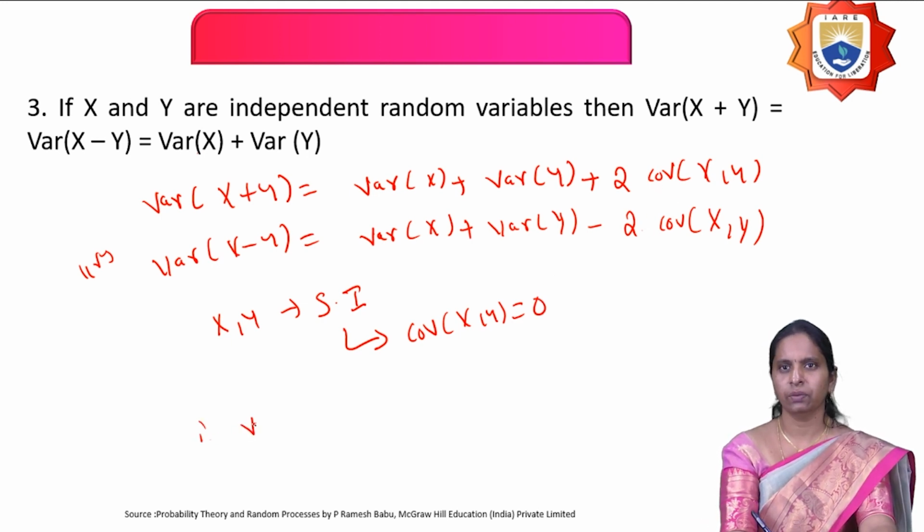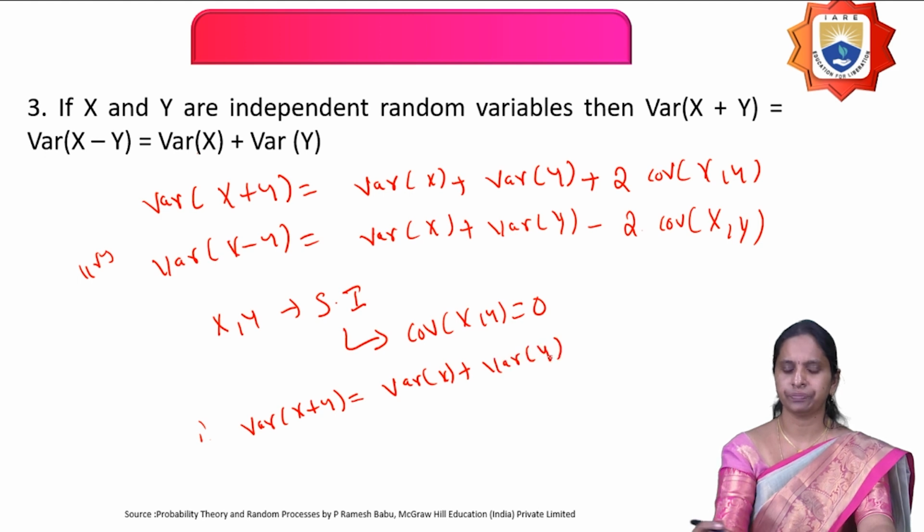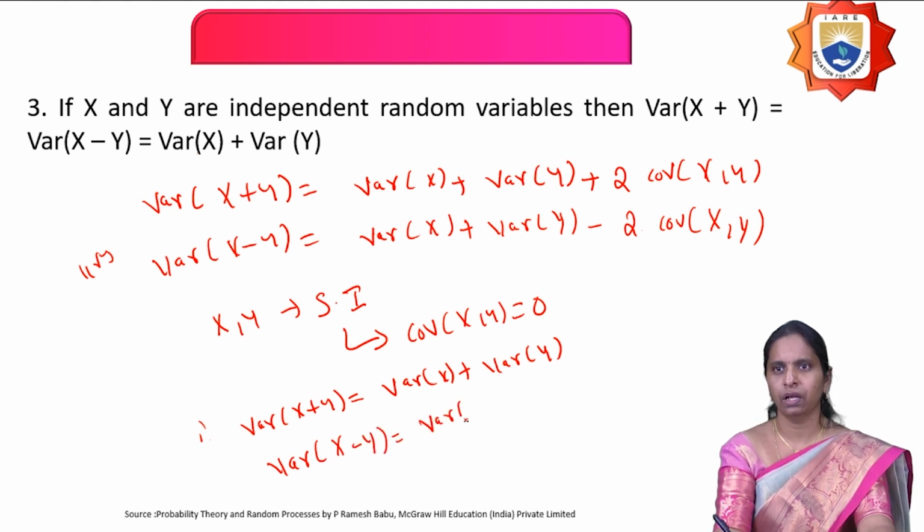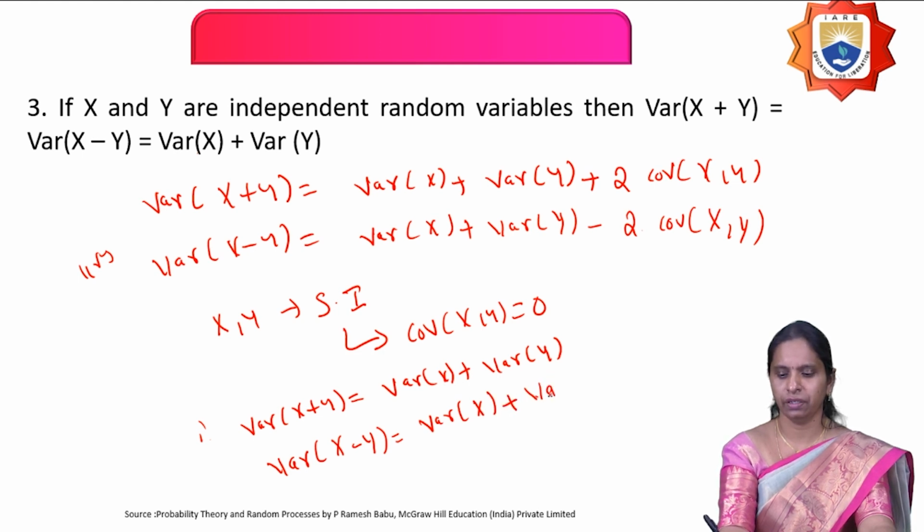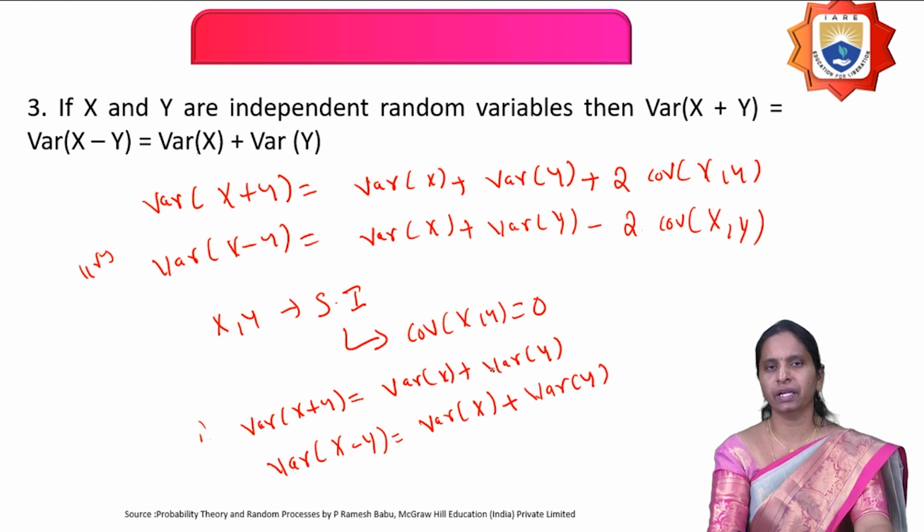Therefore, the variance of x plus y is equal to variance of x plus variance of y. And similarly, the variance of x minus y is equal to variance of x plus variance of y only. It means if they are independent random variables, then variance of x plus y is equal to variance of x minus y.